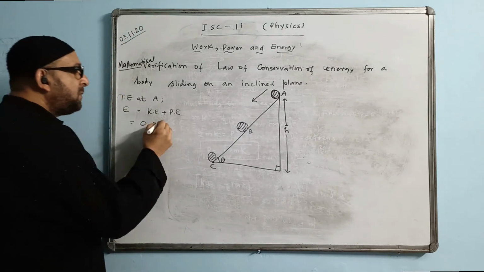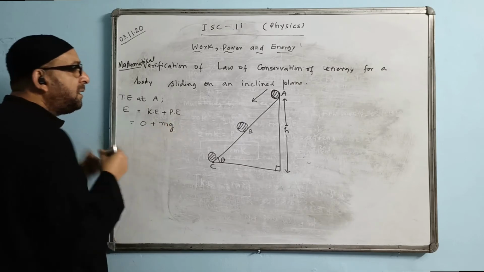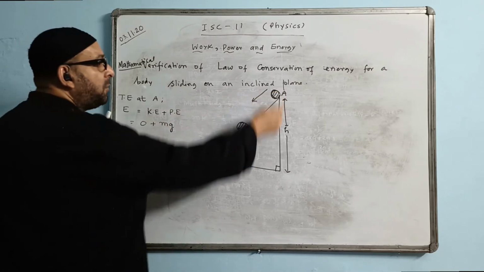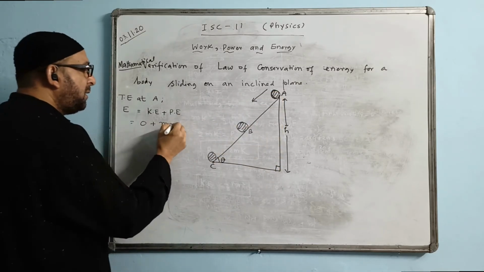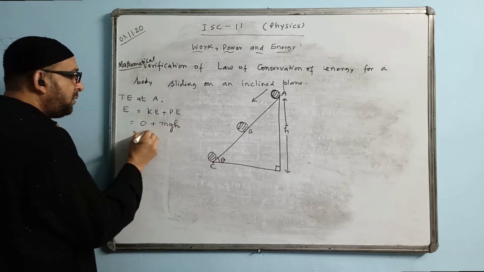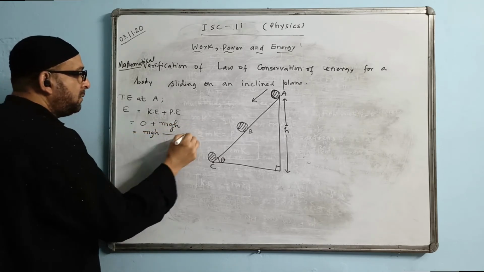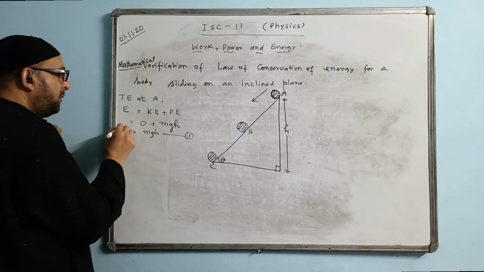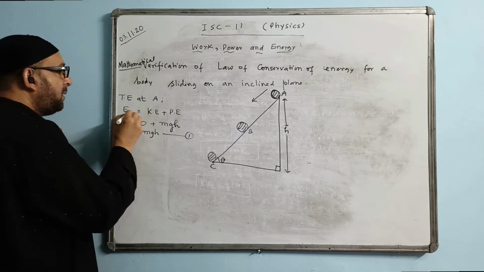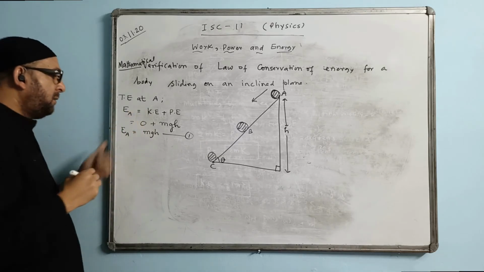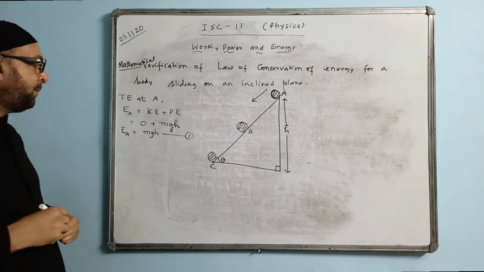Potential energy is mg times the vertical height. What is the vertical height for the point A? Let it be h. Therefore, your answer will be mgh. This is equation 1. This is the energy at the point A. Let it be EA.